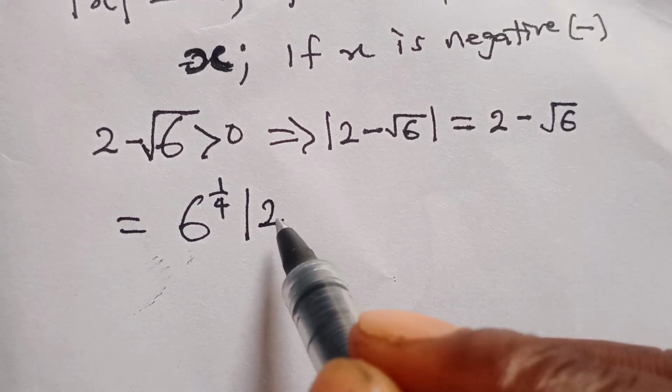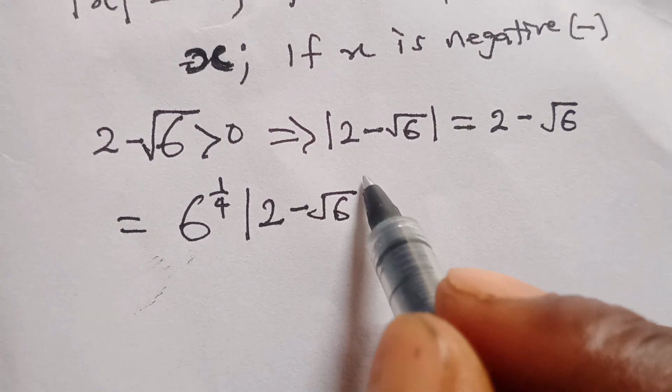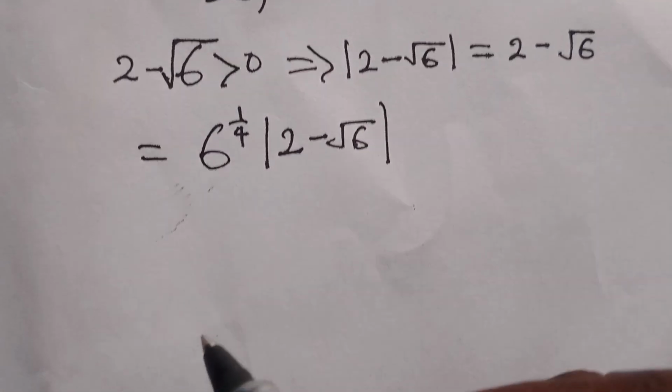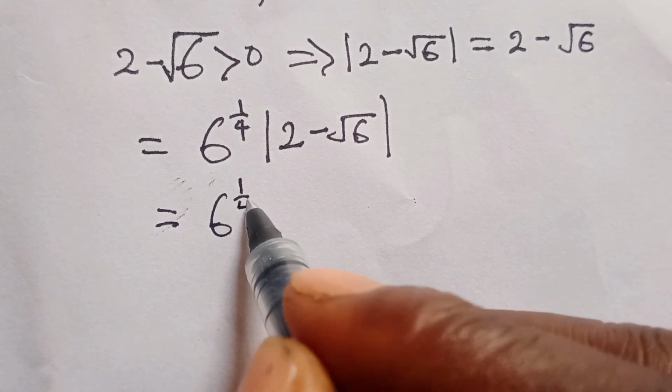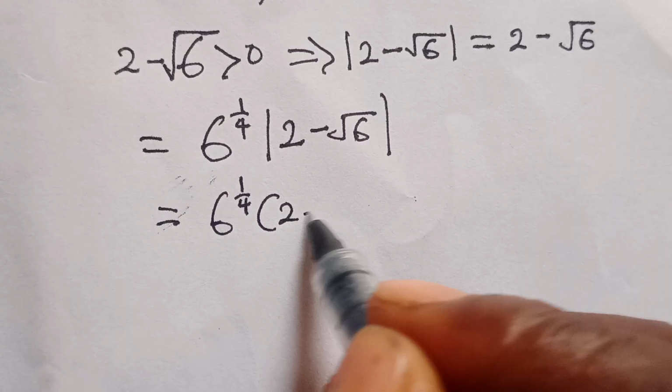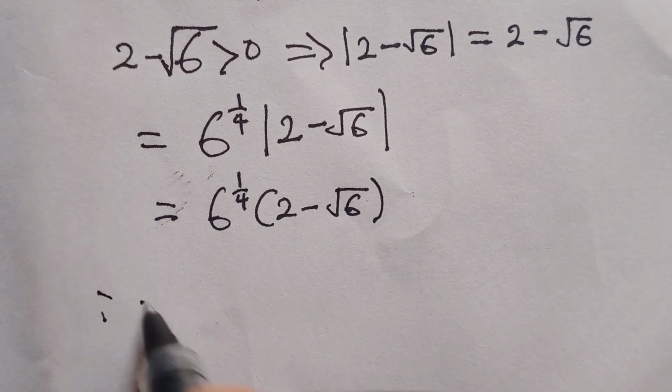So we are left with 6 raised to power 1 over 4, 2 minus square root of 6. Yes. So we can change that to a bracket. So now 6 raised to power 1 over 4 into bracket 2 minus square root of 6.